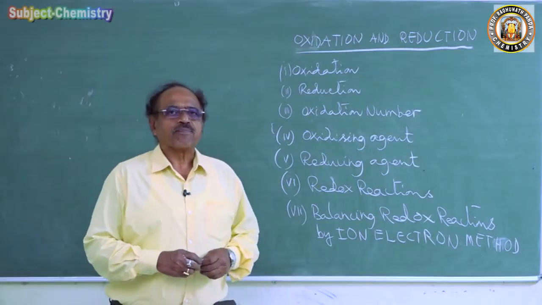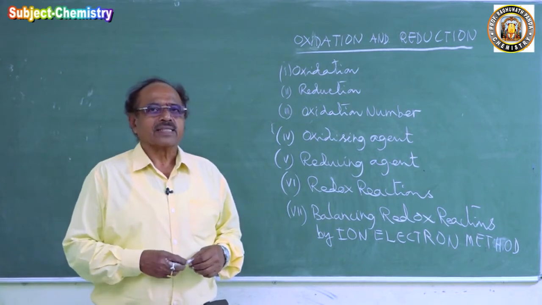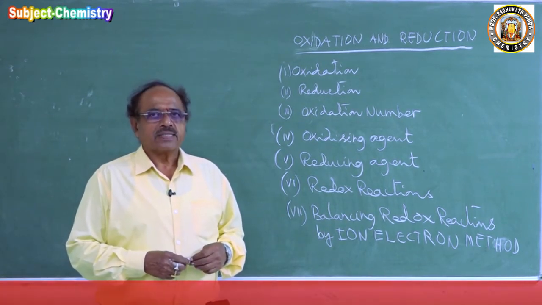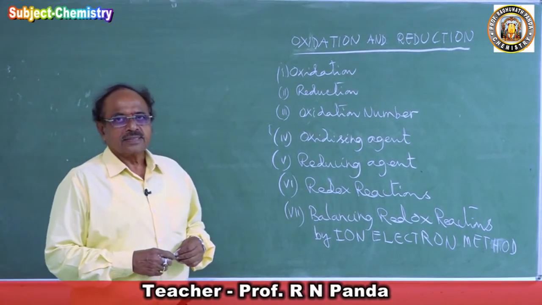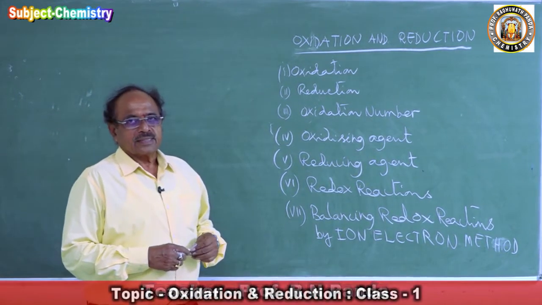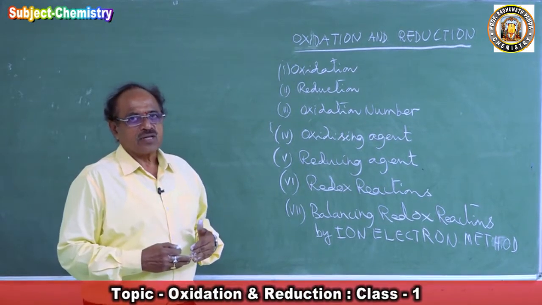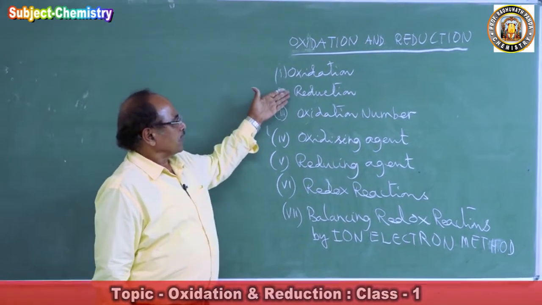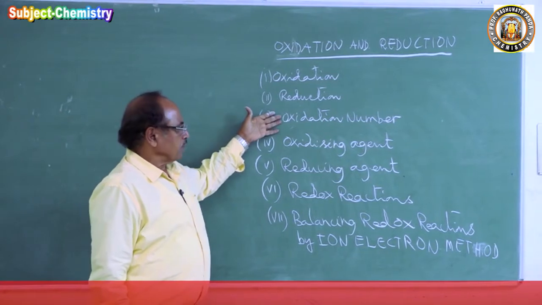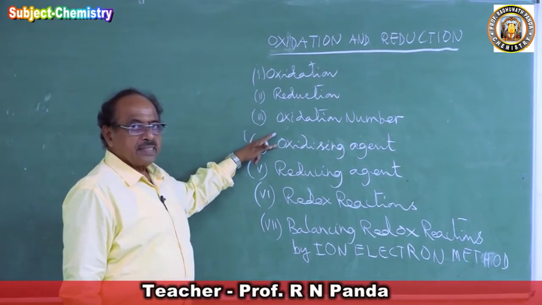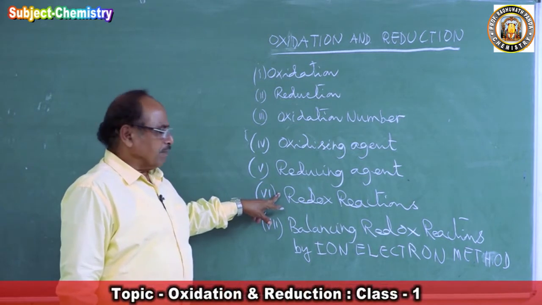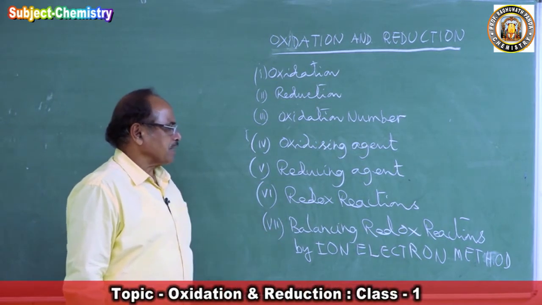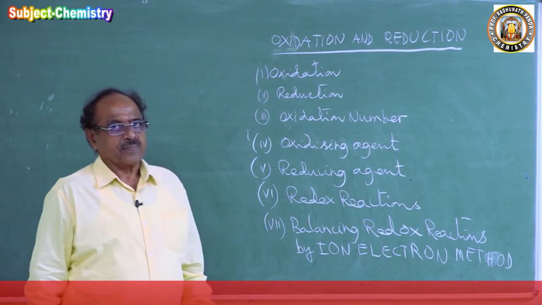Dear students, we will be discussing a very important topic, oxidation reduction. The things which are there in this topic are oxidation, reduction, oxidation number, oxidizing agent, reducing agent, redox reactions, balancing redox reactions by ion electrode method.